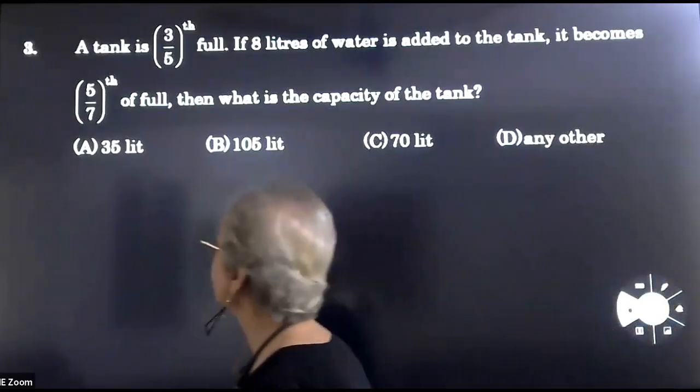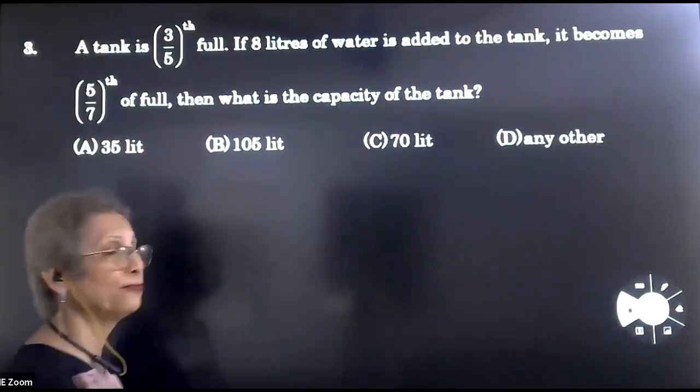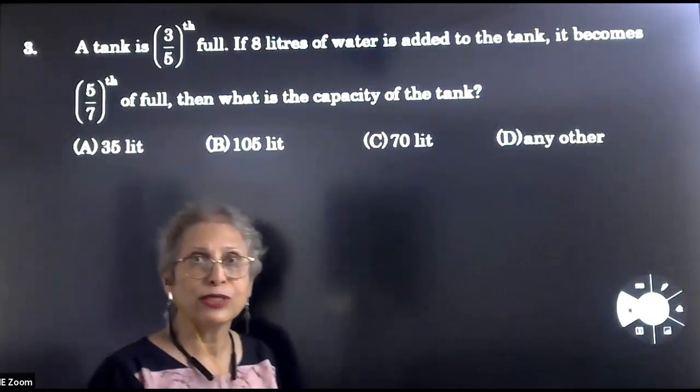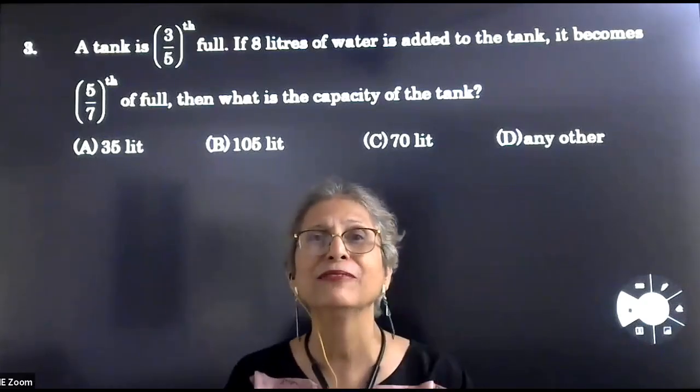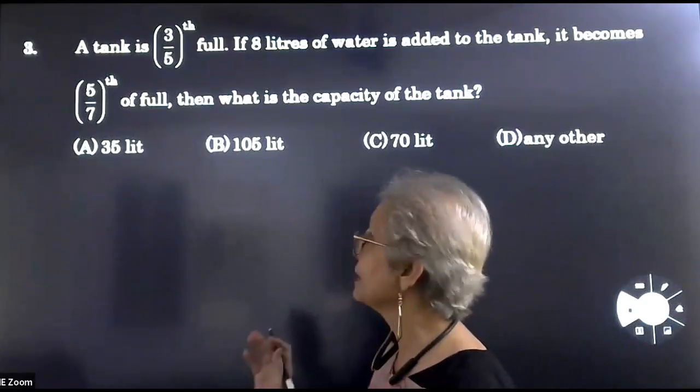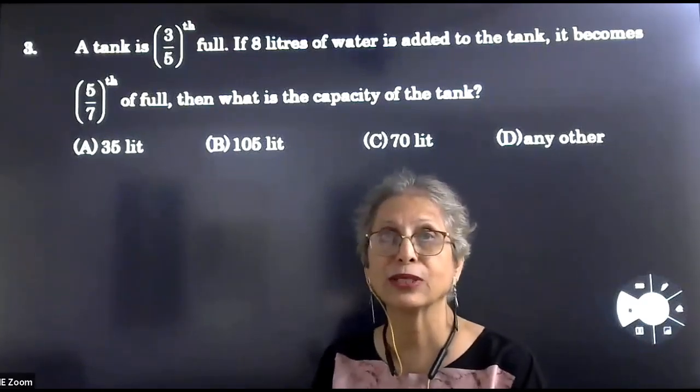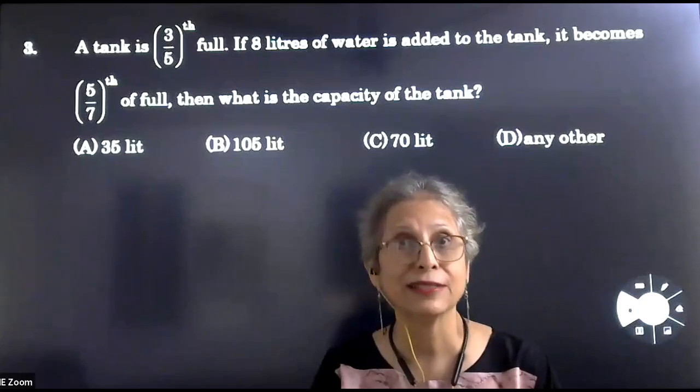Look here now. A tank is 3/5 full, but we don't know what is full. Full means it is completely filled, right? And we don't know what its capacity is, how many liters it is.